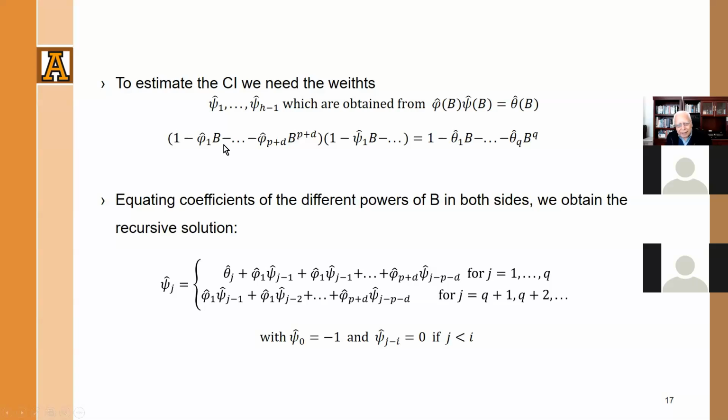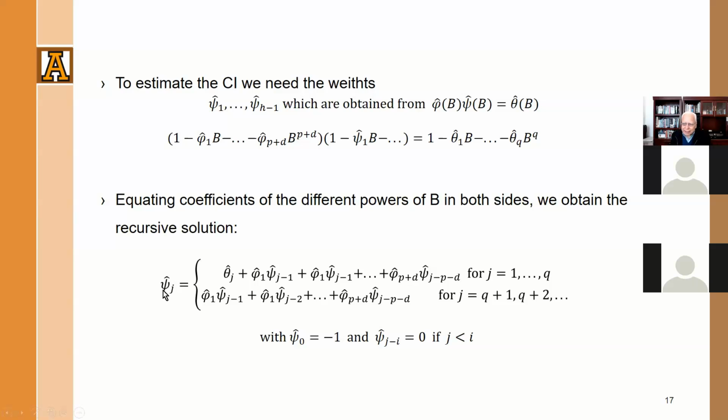We equate the terms that multiply B with theta 1 hat, the terms that multiply B squared with theta 2 hat, the terms that multiply B cubed with theta 3 hat, and so on. Equating those coefficients is how we solve for psi hat.